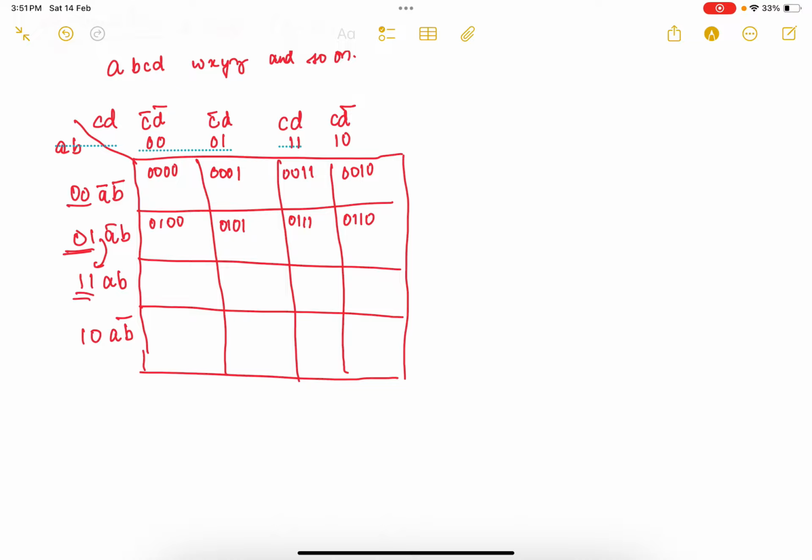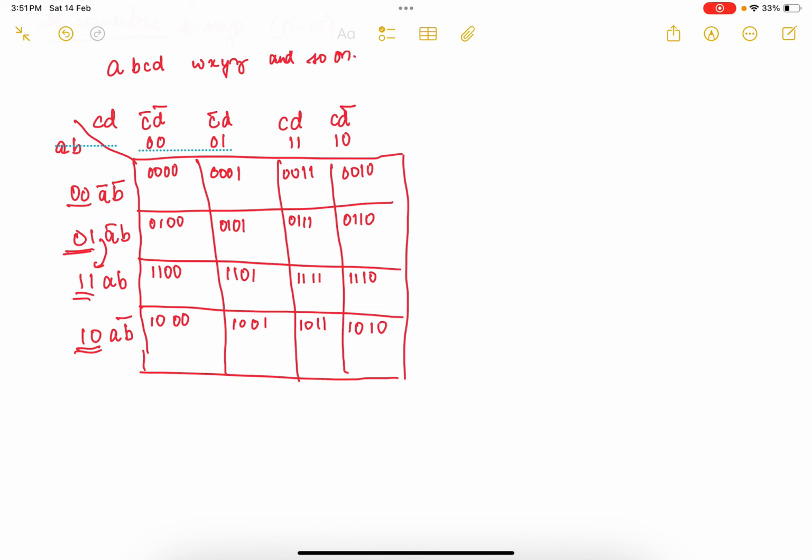Then next with your 1 1, so 1 1 0 0, 1 1 0 1, 1 1 1 1, 1 1 1 0. And next with 1 0, so 1 0 0 0, 1 0 0 1, 1 0 1 1, then 1 0 1 0.